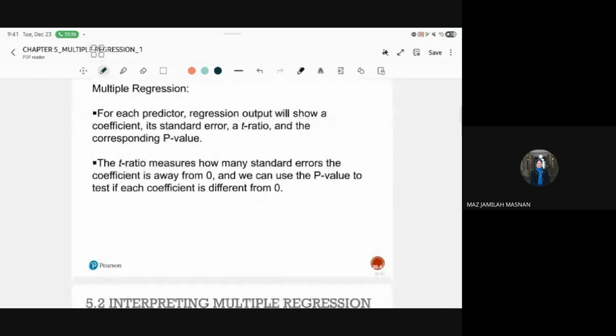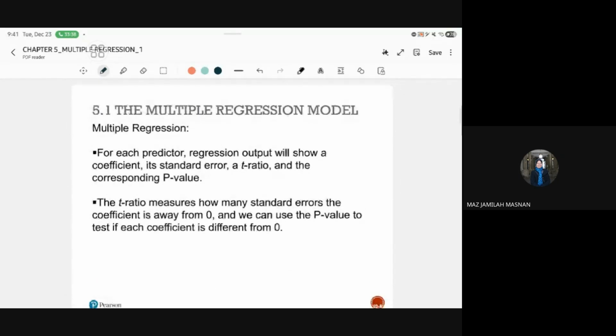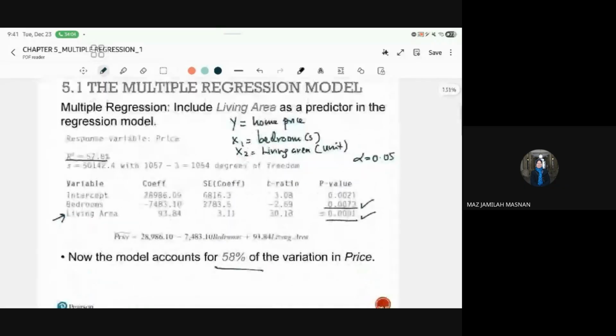Now, what happened next? For each predictor, what do we call predictor? The predictor is X1 and X2, that is the bedrooms and the living area. For each bedroom and living area, the regression output will show a coefficient, its standard error, T ratio, and the corresponding p-value, as what we have seen over here.